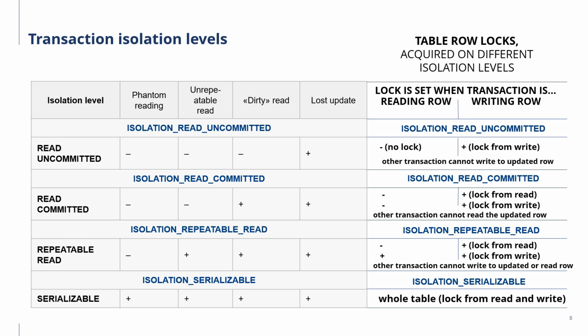Now, one idea that you may ask yourselves is, okay, if everything is so safe from the serializable isolation level, why shouldn't we use it by default? The answer is that the higher the isolation level is, the higher the overhead is.